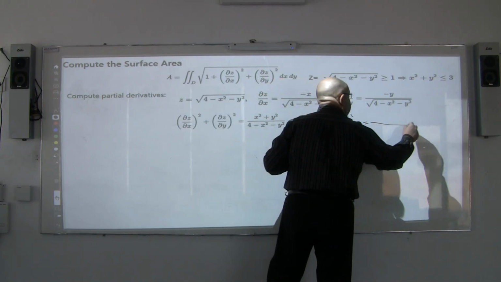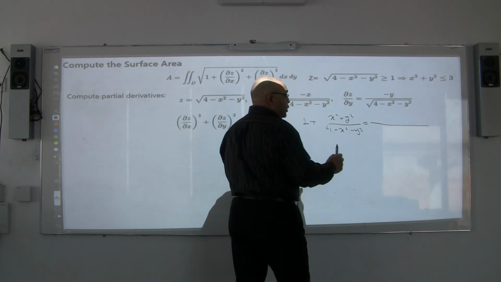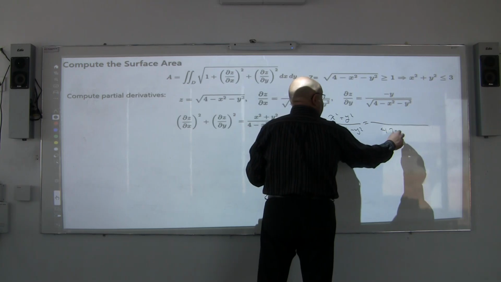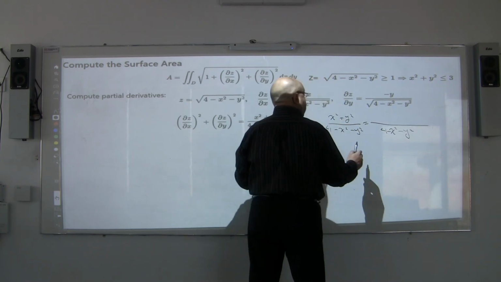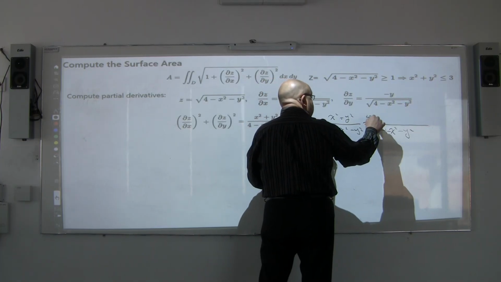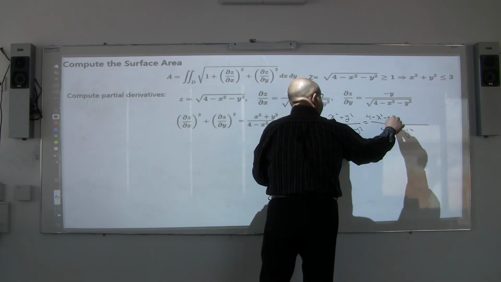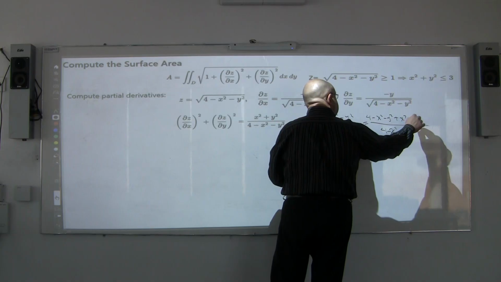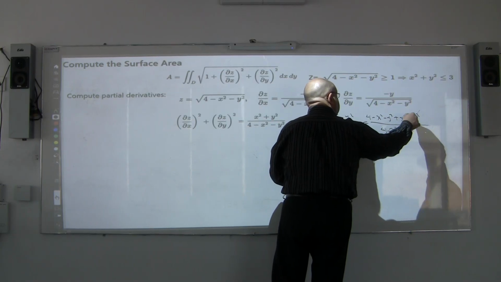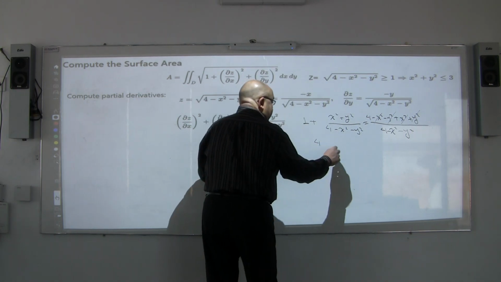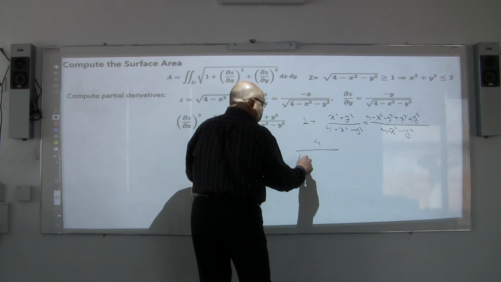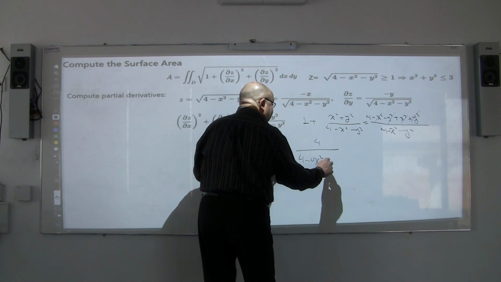Getting a common denominator of this relation will lead to 4 over 4 minus x squared minus y squared, and the denominator is going to be 4 minus x squared minus y squared plus x squared plus y squared. That will lead to cancelling all of these terms, and we will be left with just 4 divided by 4 minus x squared minus y squared.